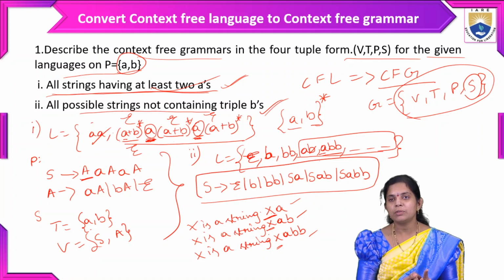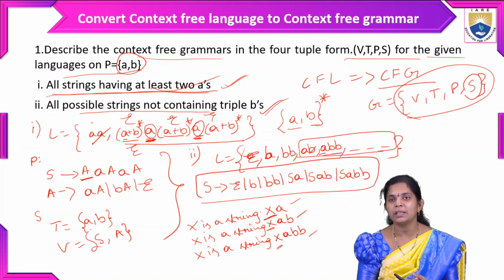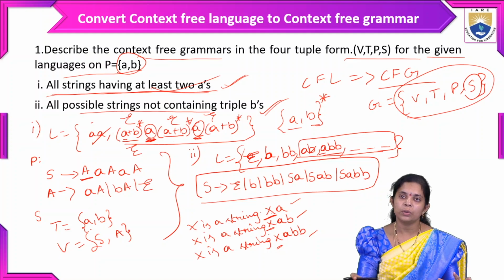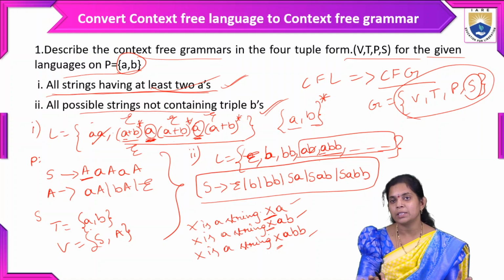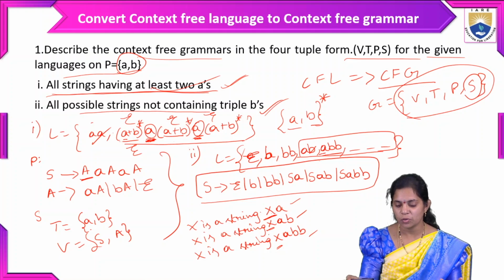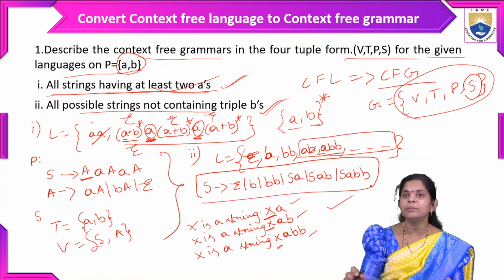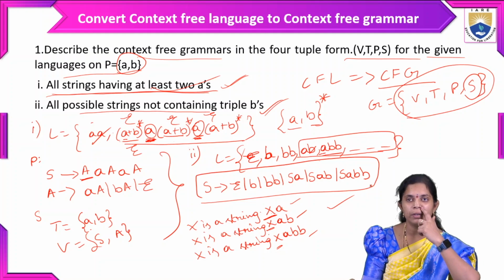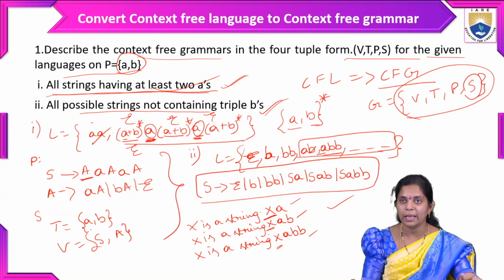First we need to understand the language, then we need to remove all the possibilities of triple B's, then we need to write the equation. So this is how we are going to write the production rules for the given context free language.